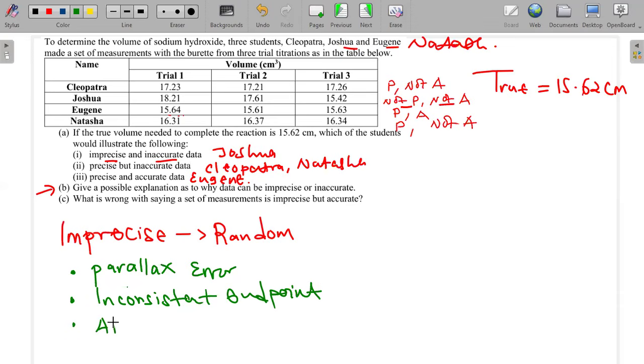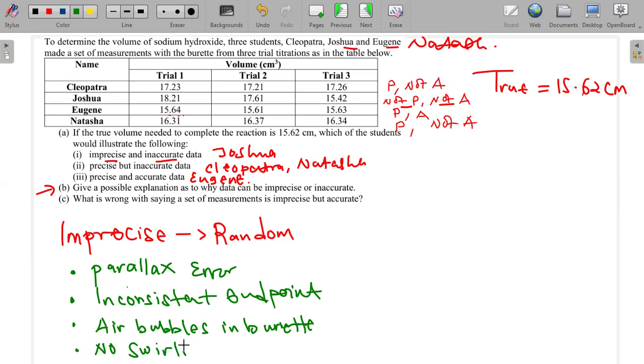And then the air bubbles, okay, in the burette. That's why when you go there, they always have to tell you to actually remove the air bubbles in the, not the beaker, but in the burette. Okay, air bubbles in the burette. So before you add anything there, you will be told to remove the air bubbles so that your experiments are actually correct. Okay, and the other reason is no swirling.